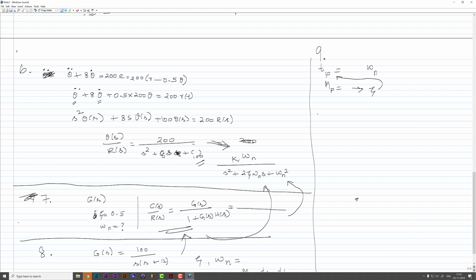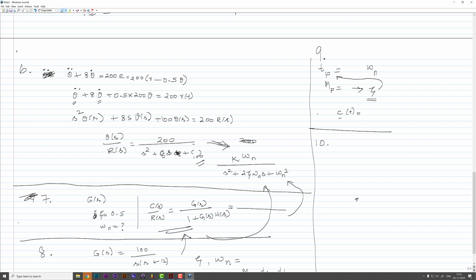Once you find zeta and omega n, just find out the range of the value of zeta, whether it is less than 1, equal to 1, or greater than 1, and see whether it is overdamped or underdamped. So that is the ninth.